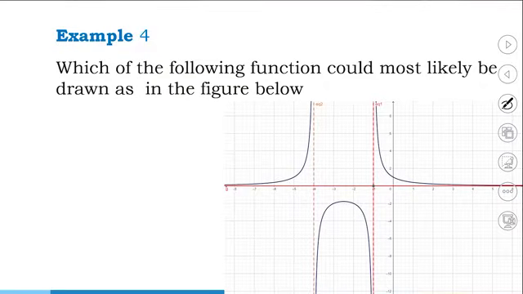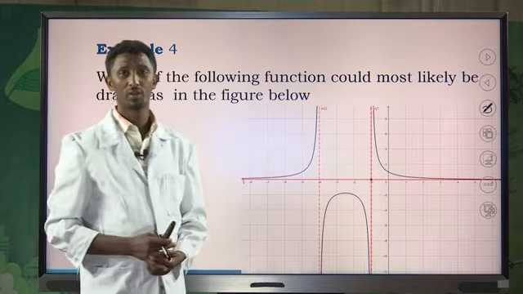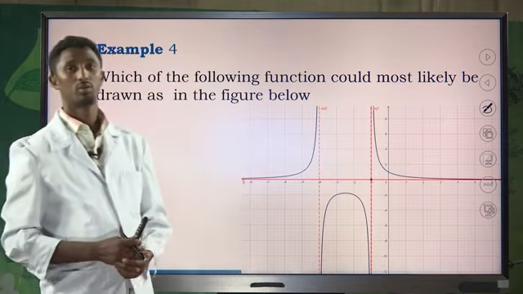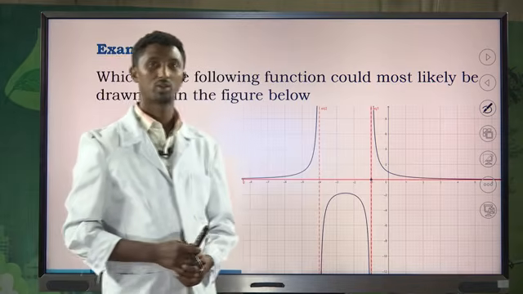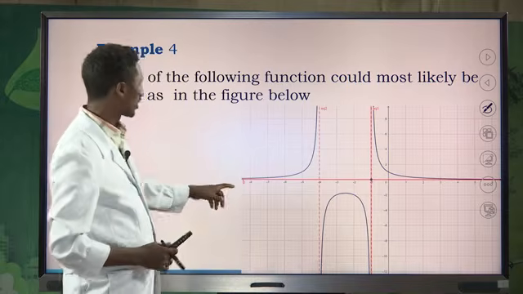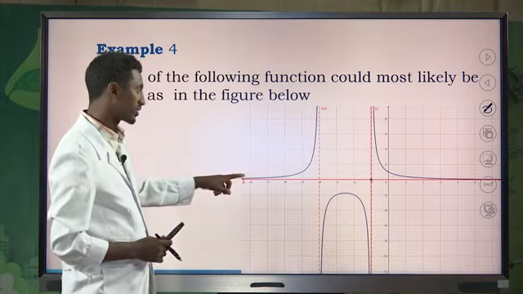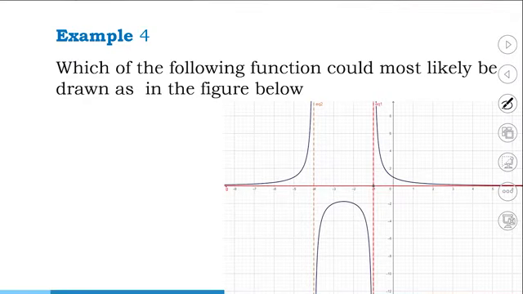Then another example: which of the following functions could most likely be drawn in the figure below? If we observe this graph, there are two vertical asymptotes and there is a horizontal asymptote, which is red in color. There is no oblique asymptote.